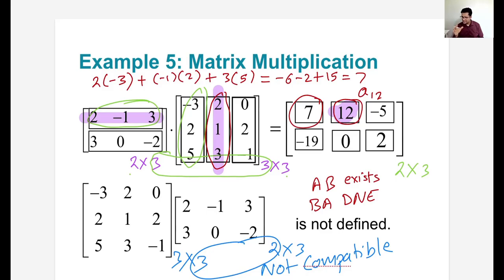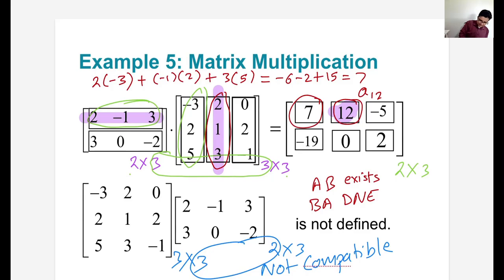In that way, you see the multiplication of matrices is different from how we multiply real numbers. In real numbers, you can always multiply either way and they will be equal. Now, in matrices, you may not always be able to multiply both ways. Okay. I'll talk about one more aspect of this idea in a second.